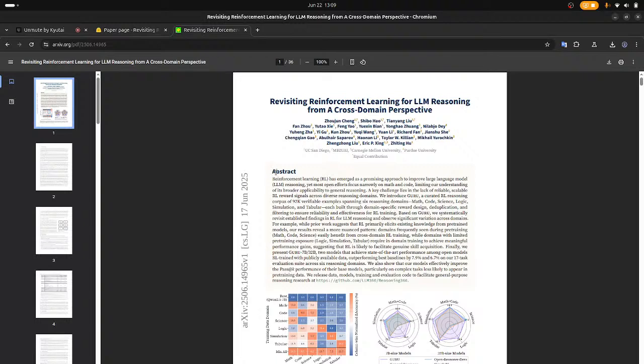I'll continue. So we introduce a curated RL corpus. Each domain is constructed via a meticulous data pipeline: data sourcing and synthesis, deduplication, and so on. By performing RL on six domains with Qwen models, we revisit established insights, and these conclusions are data dependent.